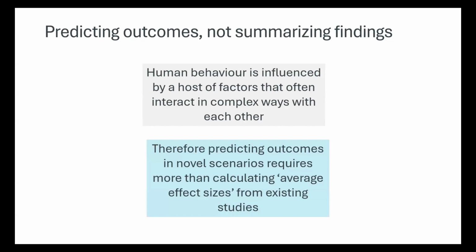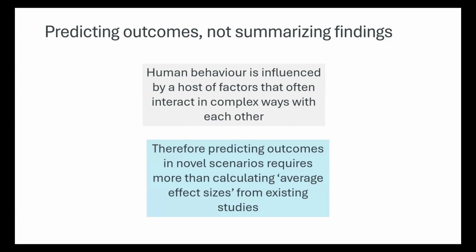And the problem is that human behavior is influenced by a whole host of things, some of which are measured in our studies and some of which aren't. But even with the ones that are measured, they're going to interact in complex ways with each other. Human behavior is very sensitive to changes in context.